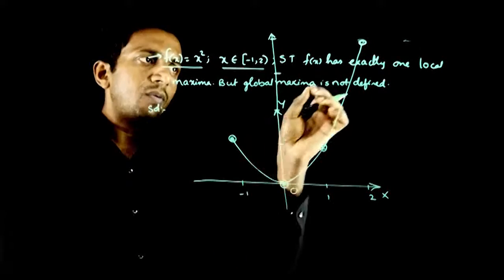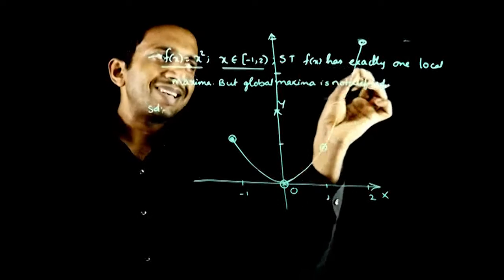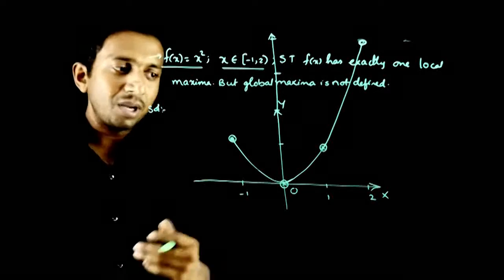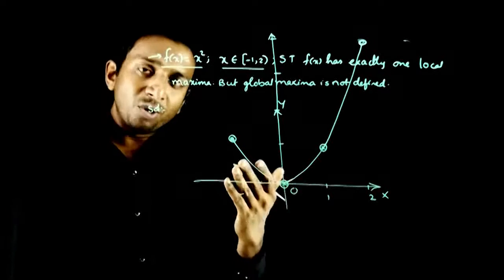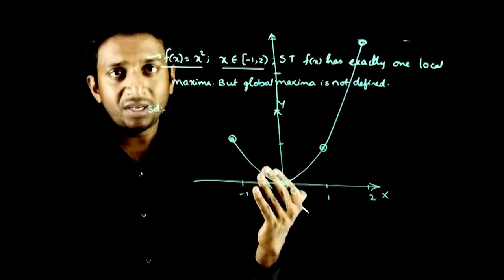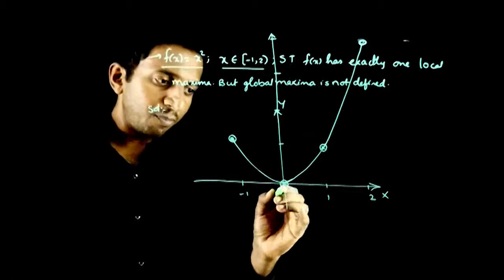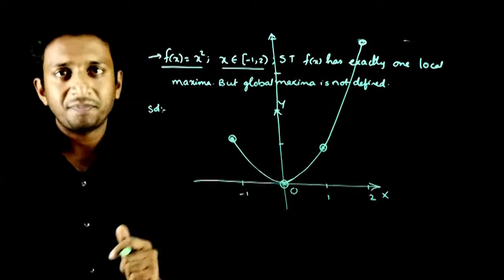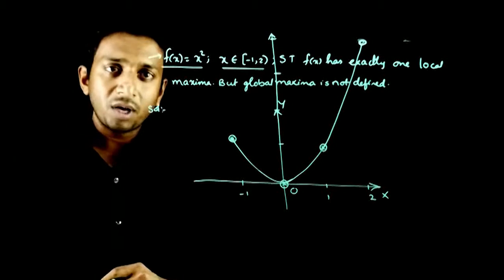So now what is asked is you have to show that f of x has exactly one local maxima. ठीक, so what is the local maxima? आप देखा तो there is no point at which the differentiation is 0 and you have a maxima. ये point जो है the differentiation is 0, critical point है, but you have a minima here. So what is the point of local maxima?